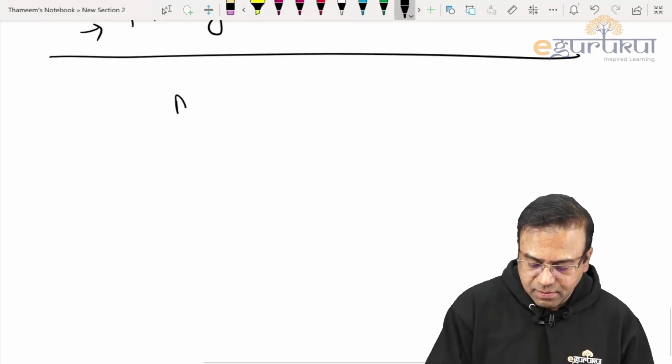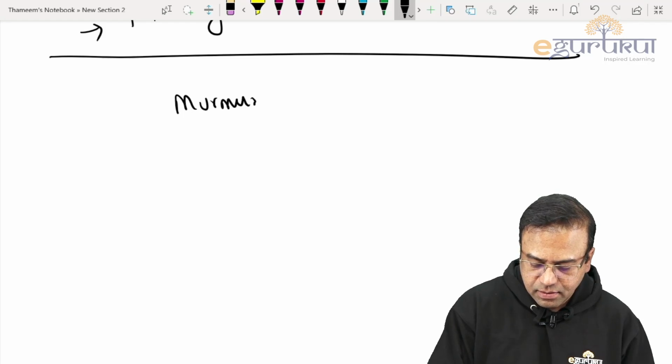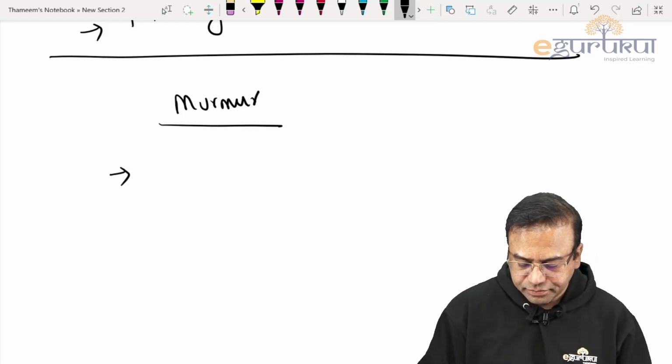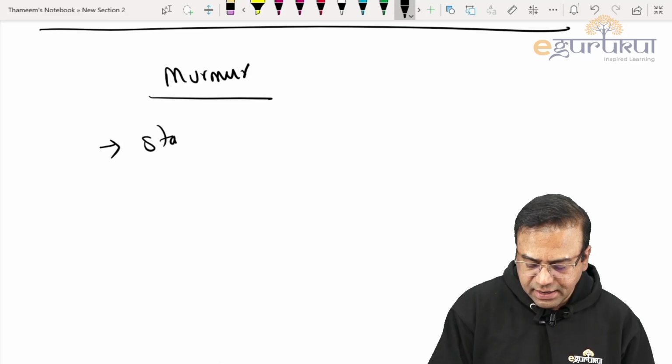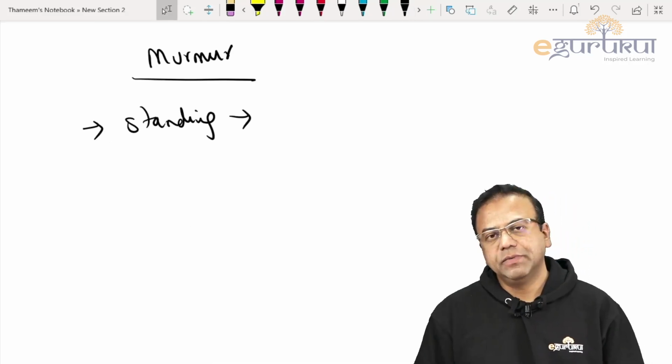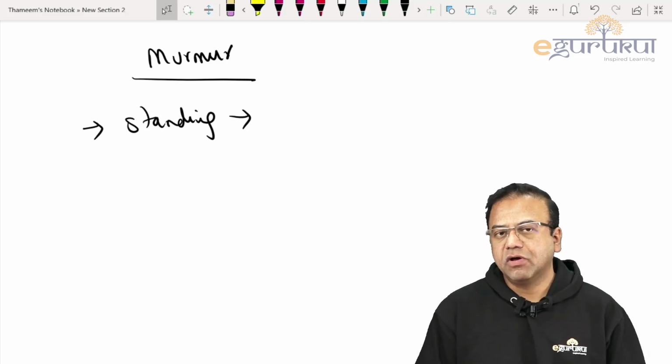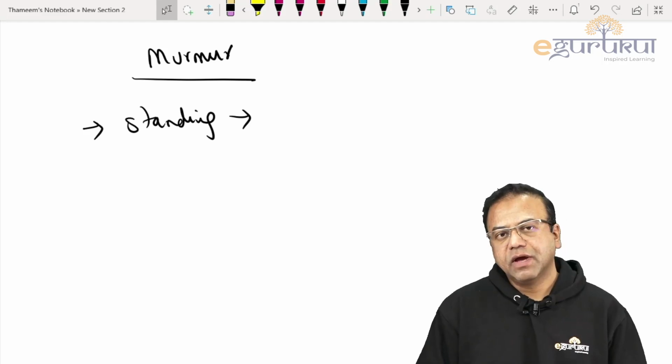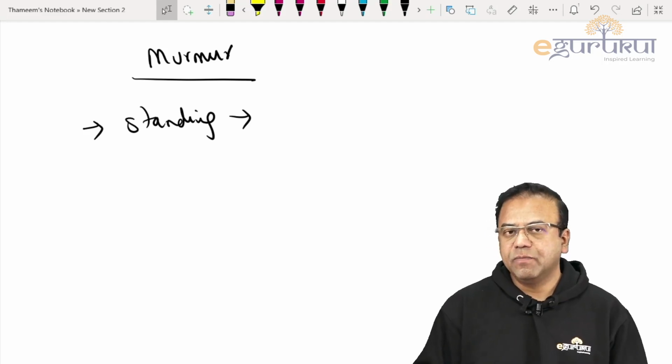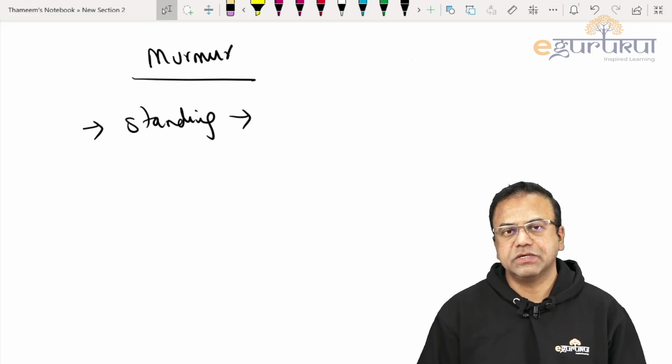When you look at the murmur in HOCM in a person who is standing compared to supine, what do you expect the murmur to be? Typically, there is more blood passing through the heart in supine, and that's why you get more turbulence, and that's why the supine position is ideal to auscultate in most patients.